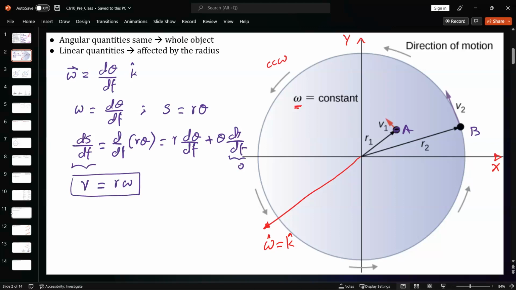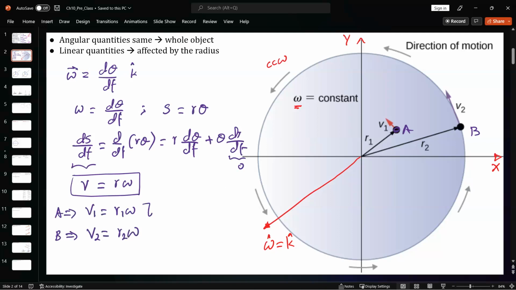And on the other hand, if you take a look at how these two arise, then we can find a correlation between the tangent velocities and the omega. Let's write it down for both cases. At point A, we can say V1 is equal to R1 times the omega, because omega remains constant. And at point B, we can write V2 is equal to R2 times the omega.